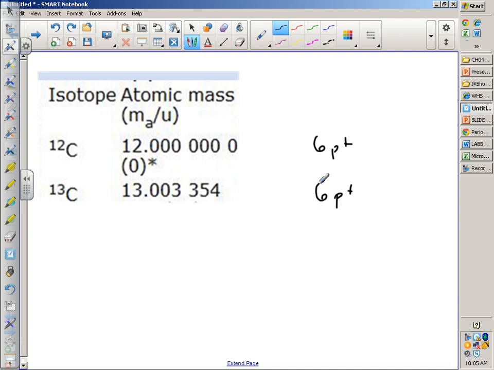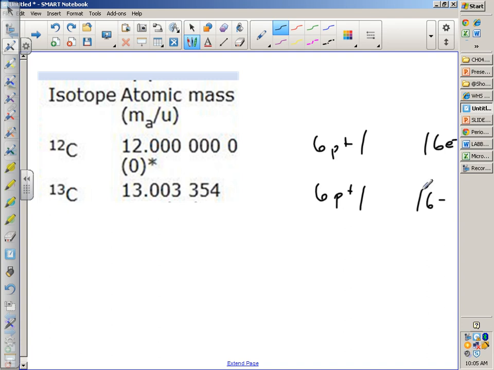Then, the fact that we know that this is the atomic number and it has 6 protons, we can also then tell something else about these atoms, right? What else can we tell about these atoms? Okay. The number of electrons. Okay. The number of electrons is going to be what as well? 6. Okay. It's also going to have 6 electrons because we said the number of electrons and the number of protons has to be the same. Okay.